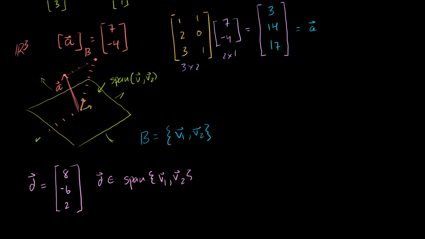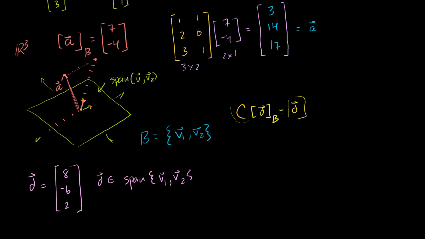Now, we know that if we have our change of basis matrix times the vector made up of the coordinates of D with respect to B, so let me write that down, D with respect to B is equal to D. We know if we have this guy's coordinates and we multiply by the change of basis matrix, we'll just get the regular standard coordinate representation of D. Now in this case, we have D. We're given this.